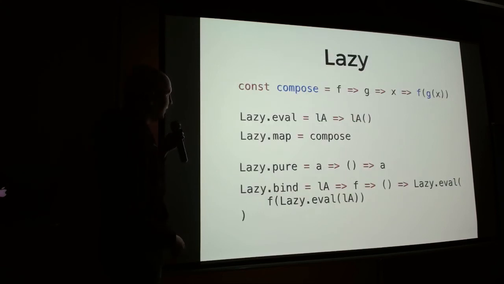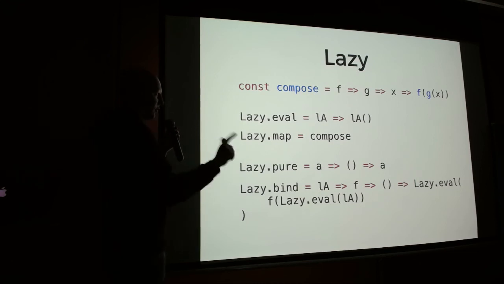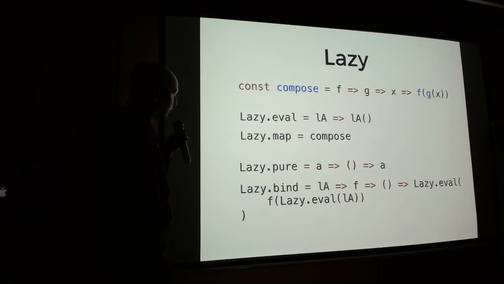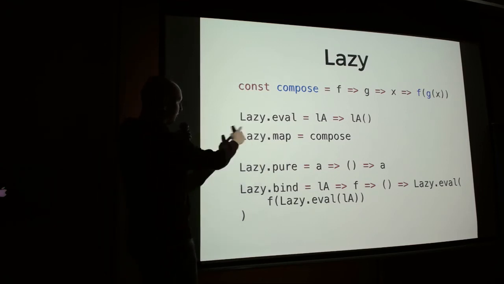If we go to a bit more interesting example, we can consider lazy evaluation, right? That we can have functions that don't return their values immediately, but you have to ask them later about it. That, okay, now give me the value that you stored, right? Or now do this computation, but just not now. So if we model them in JavaScript with just functions, you can see it here.